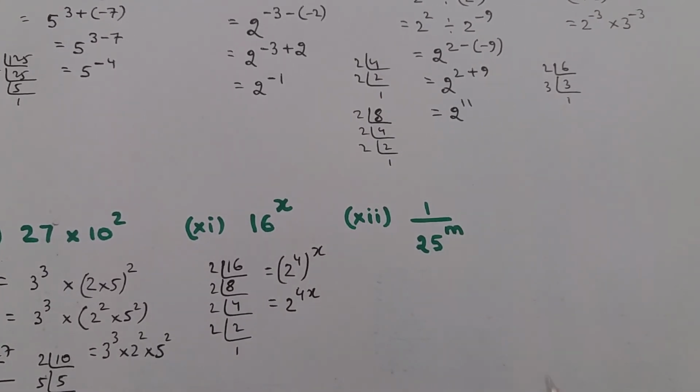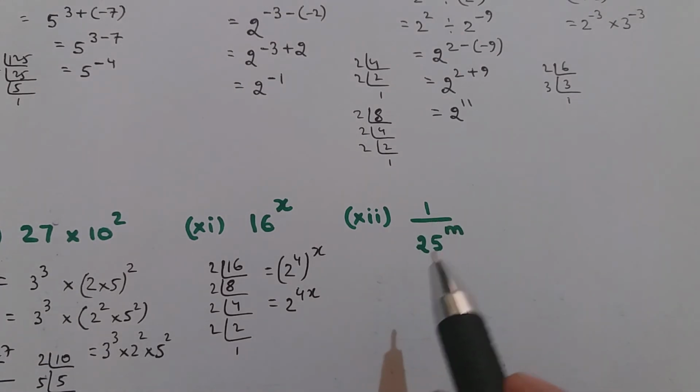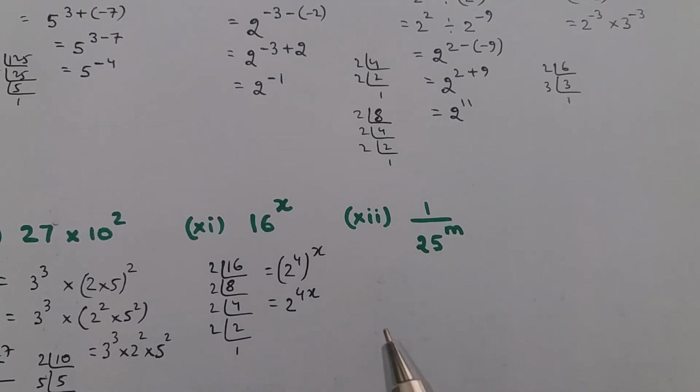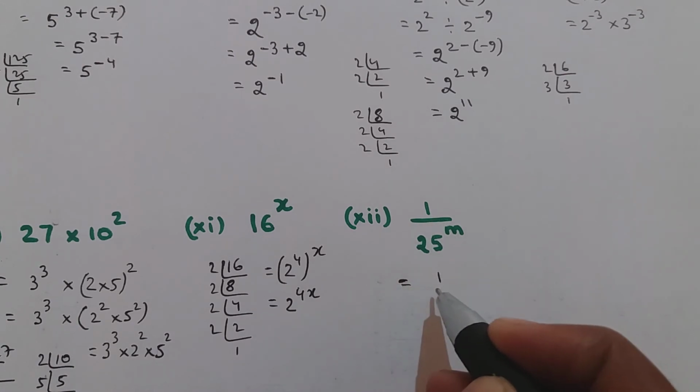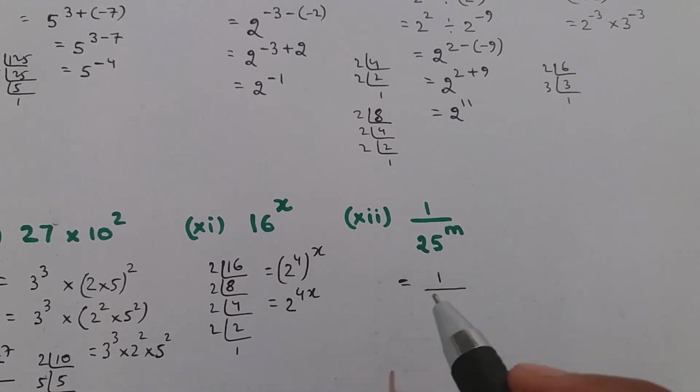1 upon 25 raised to the power m. So I have to write 1 upon 25 raised to the power m as a power of 2, 3 or 5. So 1 will be as it is. Now 25 raised to the power m. Here the base is 25 and the power is m.